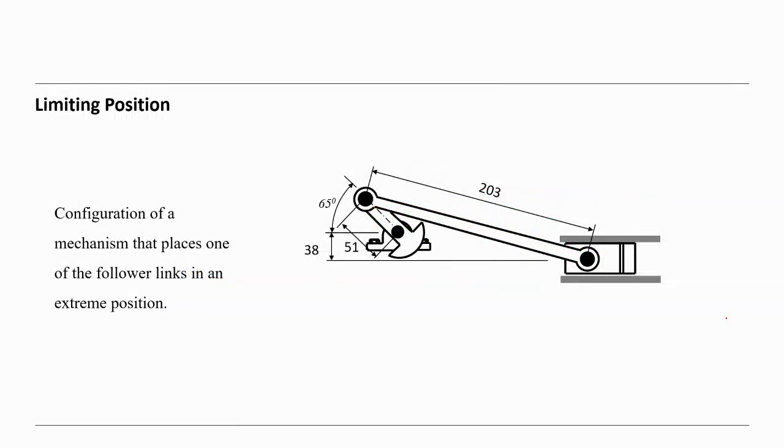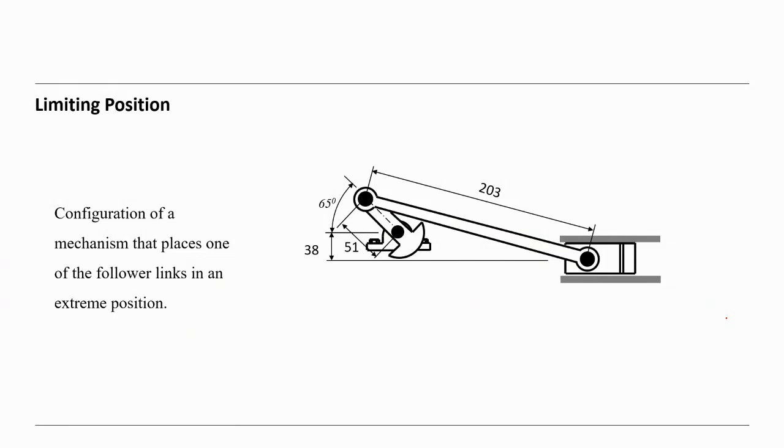So limiting position. What is limiting position? What we learned till now, let's summarize shortly. We learned what is the position, what changing of position means, displacement, what the analytical calculation of the new position means, and what graphical drawing of the new position means.